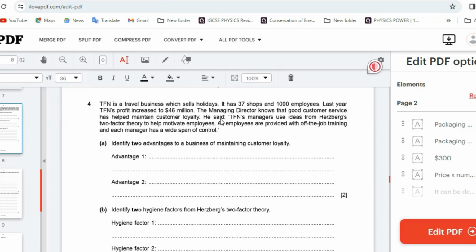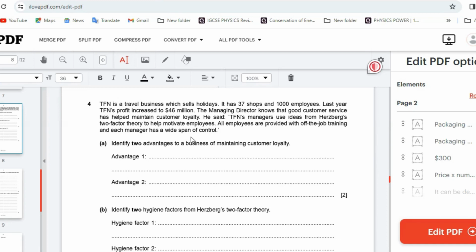He said CFN's managers used ideas from Herzberg's two-factor theory to help motivate employees. All employees are provided with off-the-job training, and each manager has a wide span of control.